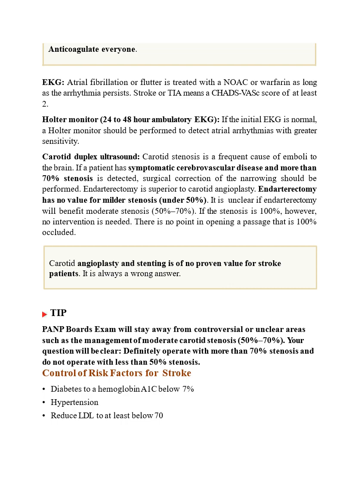We need to control the risk factors for stroke, such as diabetes, with a hemoglobin A1C supposed to be less than 7%. We need to control the hypertension. We need to reduce the LDL to less than 70.